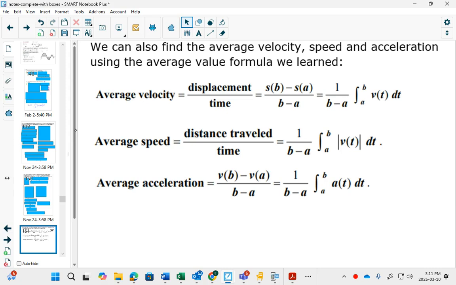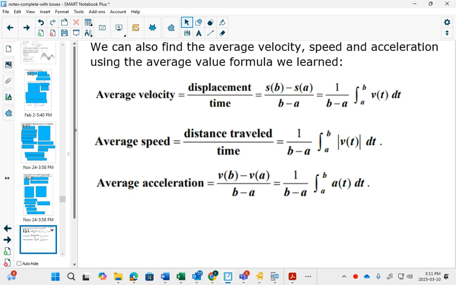I could also find my average velocity by taking my velocity formula, integrating from A to B, and dividing by B minus A, that is, multiplying by 1 over B minus A. That was our new formula that we learned for average of a function the other day. Careful, there's a difference between average velocity and average speed.